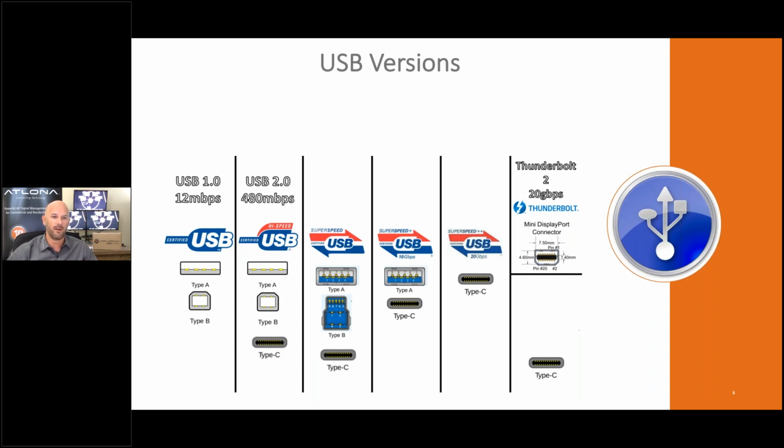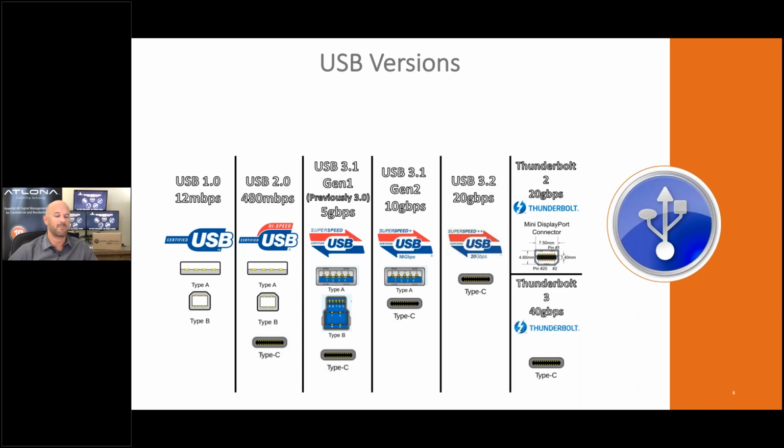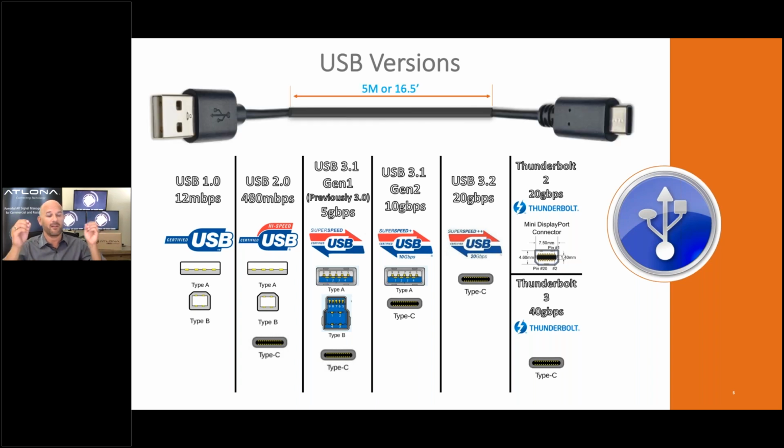USB 2.0 has a speed of 480 megabits per second, while 3.0 offers a speed of 5 gigabits per second, and 3.1 has a speed of 10 gigabits per second. Some versions of USB support even higher rates at 20 gigabits and 40 gigabits in the case of Thunderbolt 3. Now, USB cables have a length limitation of 5 meters or 16.5 feet. After that, you'll need an active USB cable to boost the signal.